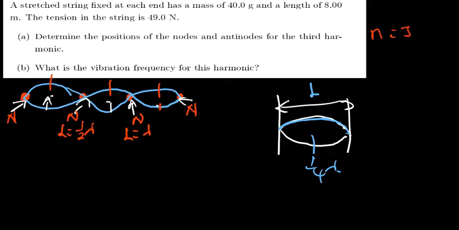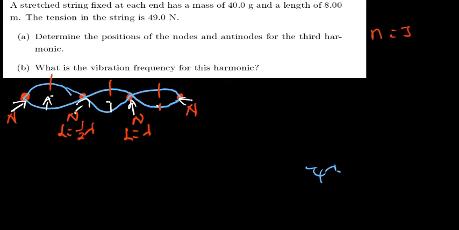Initially, the formula which you have to be familiar with for the node is n over 2 times lambda, that is L. So I can clearly see that for the first part, I've got only one node. So n is going to be equal to 1. That's why it's 1 over 2 lambda.